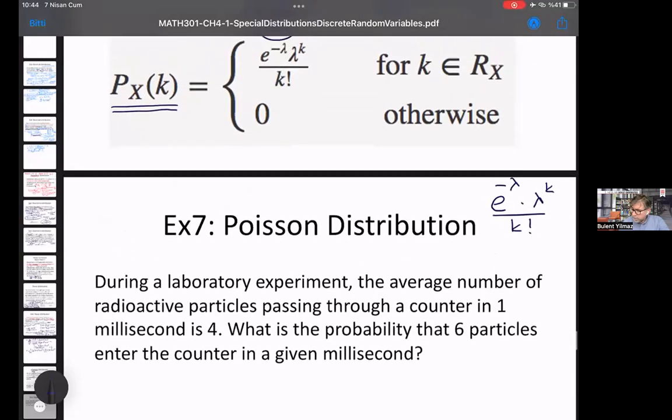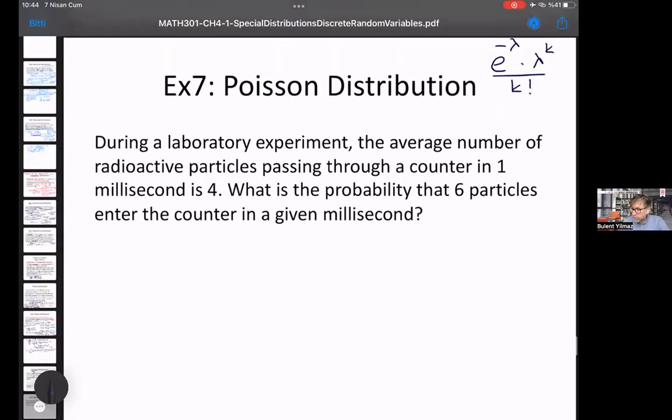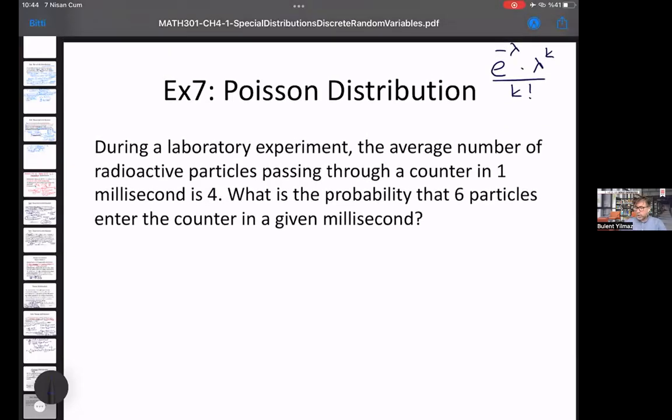So in this question, you're going to find out what is k and what is lambda, and use this formulation, probability of obtaining k particles, lambda to the power k divided by k factorial.